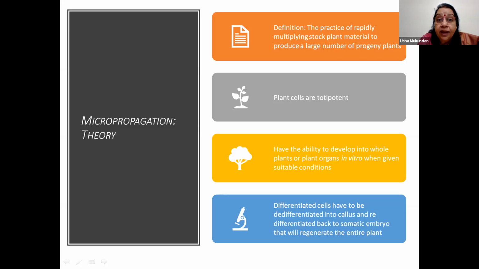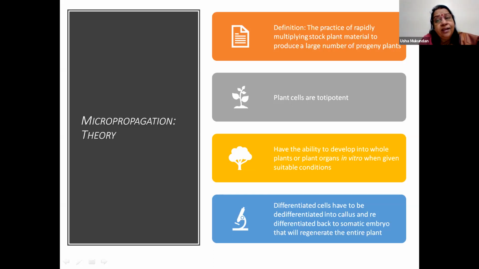But from callus, not necessarily will you get clones. You may get variations which you are going to study separately as somaclonal variants. Somaclonal variants have their own advantages because you can then select elite varieties from them.